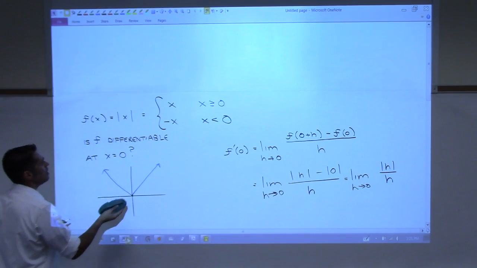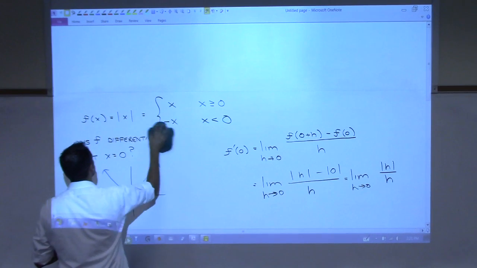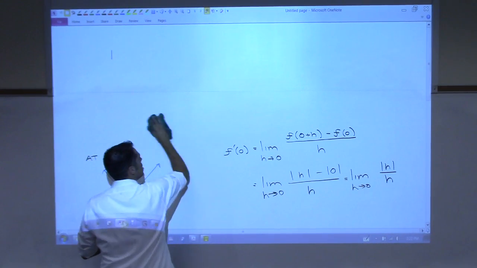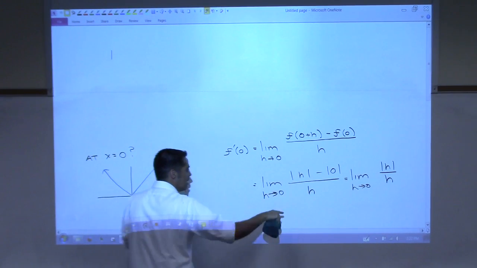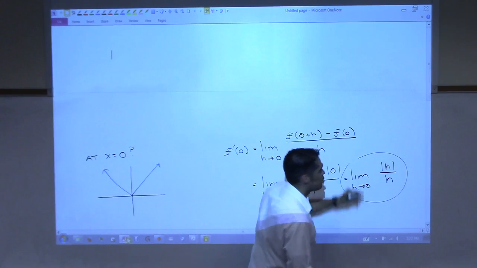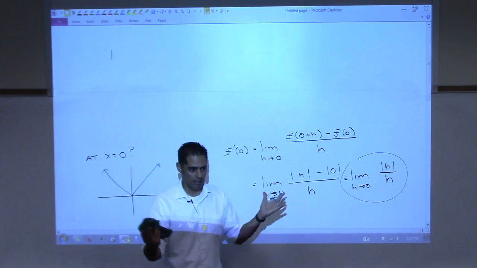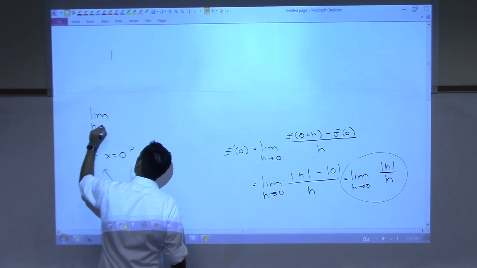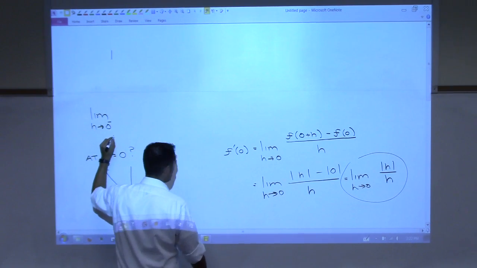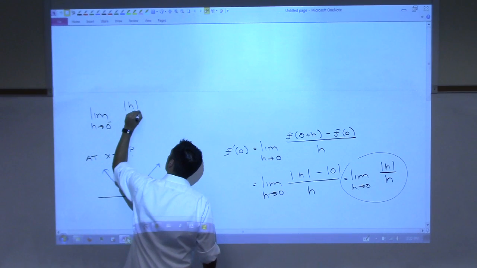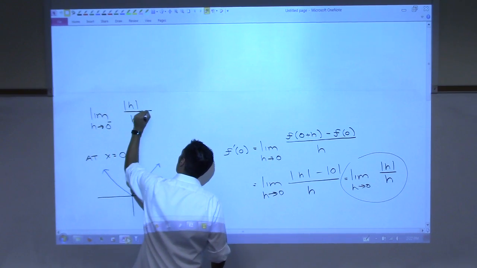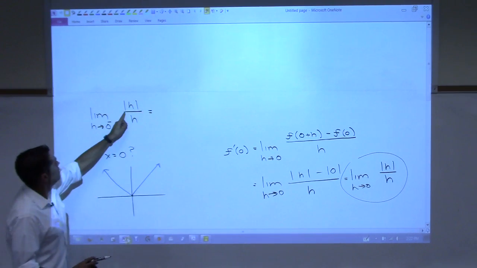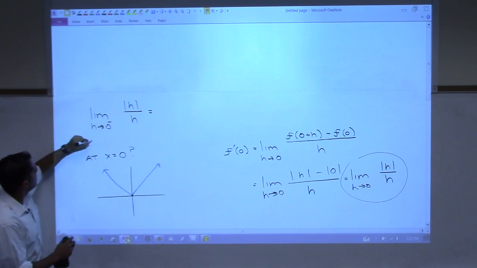So let's check the left side first. I'm trying to figure out what this is. If I take the limit as h approaches 0 from the left of the absolute value of h over h, then tell me about this tiny little number you're going to plug in.